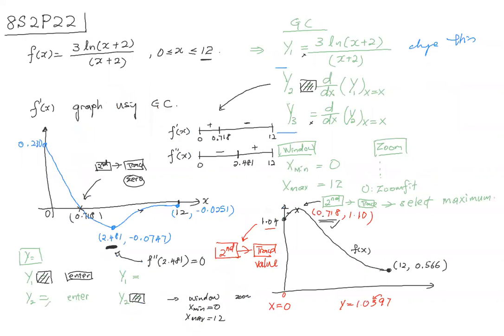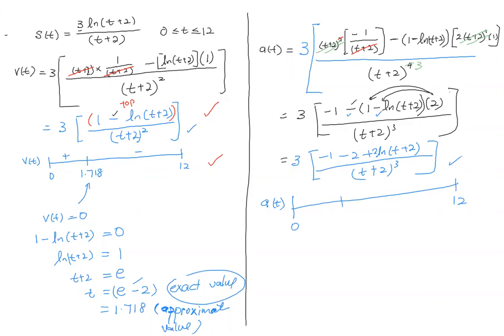This is the approximate value, okay? And here is a minus, and here is a plus. So from here, I can know when the speed is decreasing. When speed is decreasing, the signs must be different.